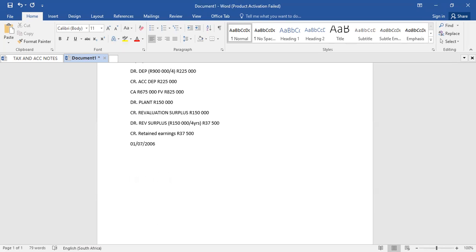We set off if we revaluate. So we are given a fair value at the end of the year. If we're given the fair value at the end of the year, what do we start with? Depreciation. So we have to calculate the depreciation for 20x6.